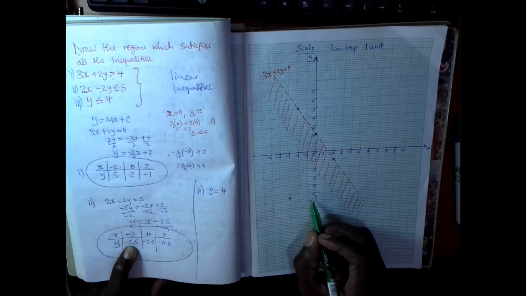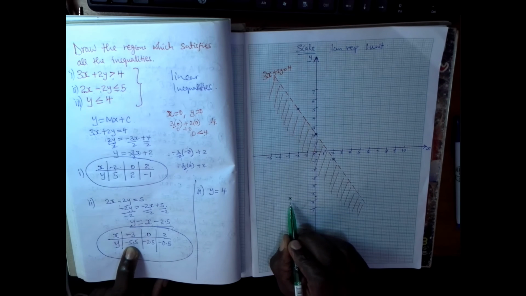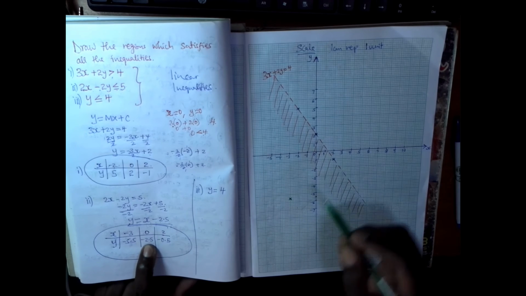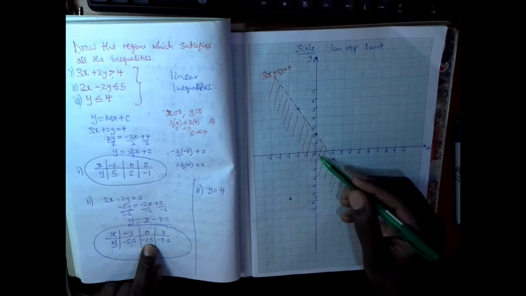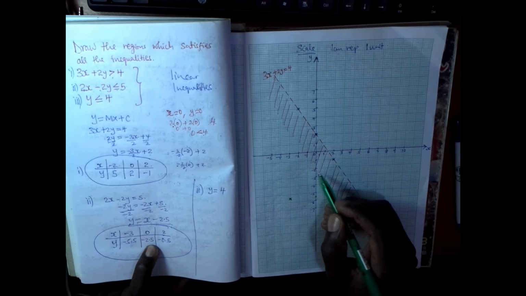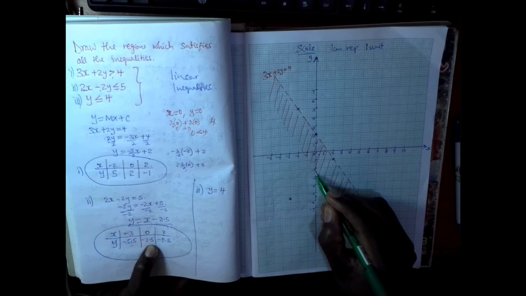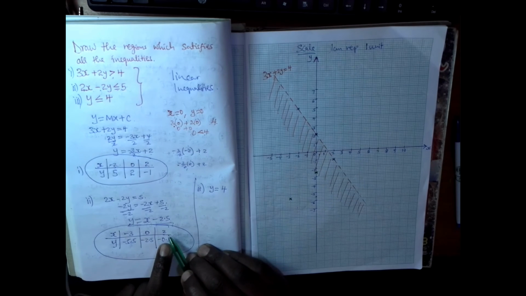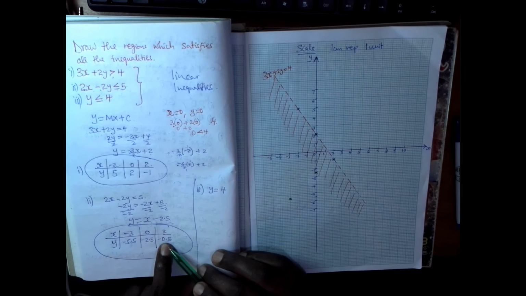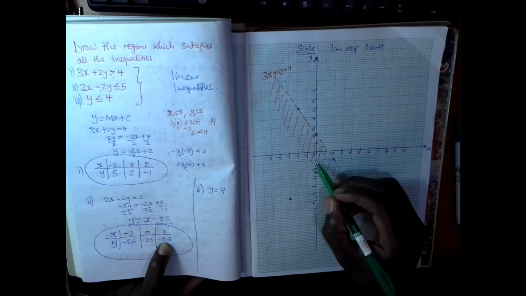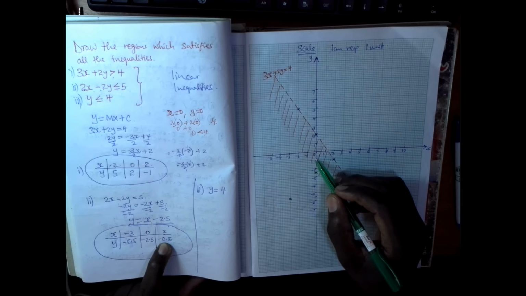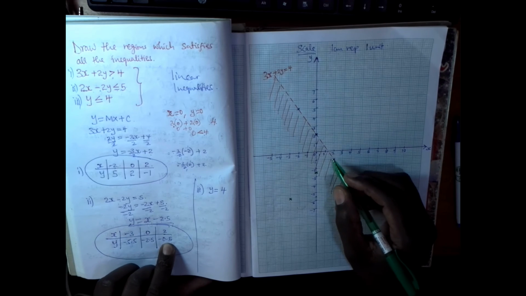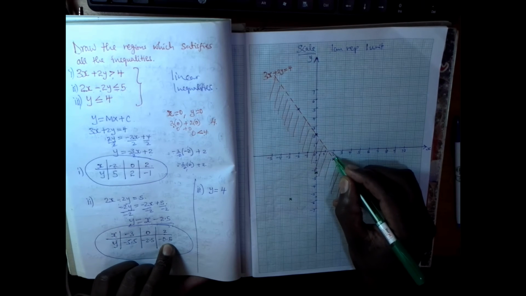When x is 0, y is minus 2.5, exactly at this point there. Then when x is 2, y is minus 0.5. Since one big square represents 1, this will be represented by half of it. So here is the point.